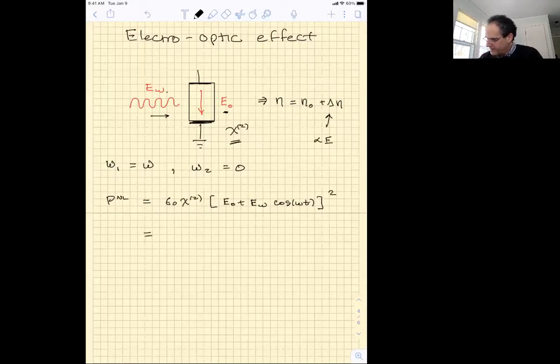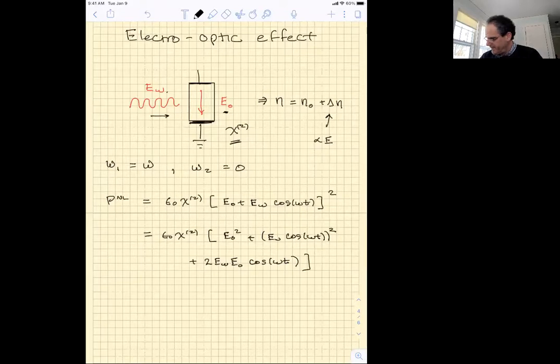And this will be epsilon 0 chi2 times E0 squared plus E omega cosine omega t squared plus the new term, which is 2 E omega E0 times cosine of omega t.